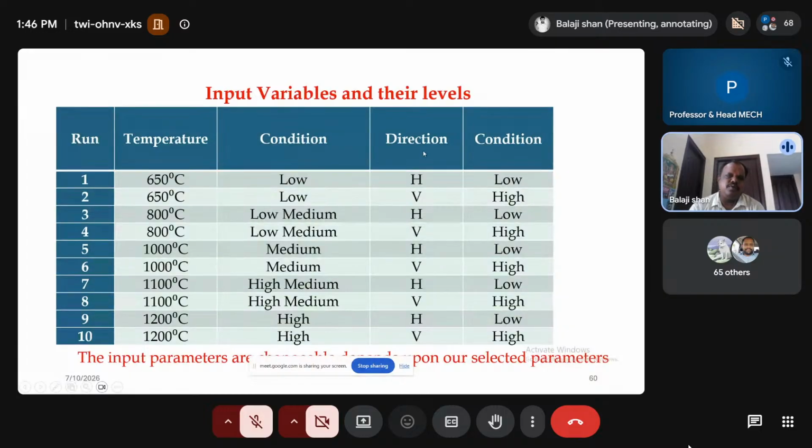Based on the input values, I will make the fuzzy conditions for the input values. 650 is taken as low, 850 is taken as low medium, 1000 degrees centigrade is medium, 1100 is taken as high medium, and 1200 is taken as high. The horizontal direction is taken as low, and the vertical direction is high. These rule conditions are completely created by our own idea.